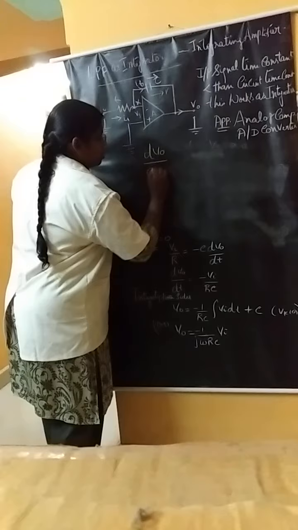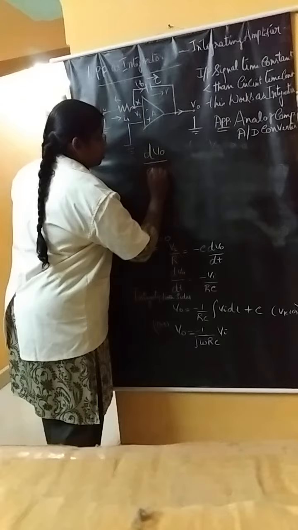Next, from the circuit diagram, applying Kirchhoff's current law. What do you mean by Kirchhoff's current law? At a node, the current flowing towards the node is equal to the current flowing away from the node. So I1 is flowing towards the node and IF is flowing away from the node.